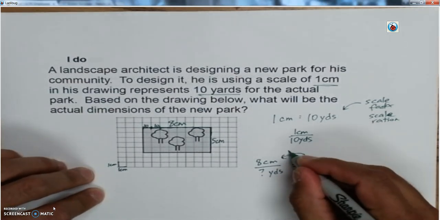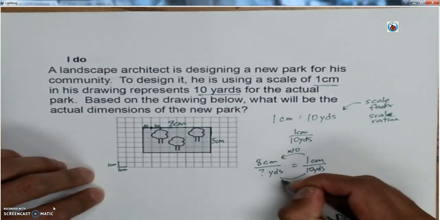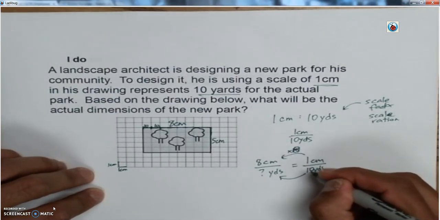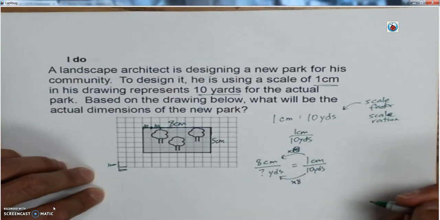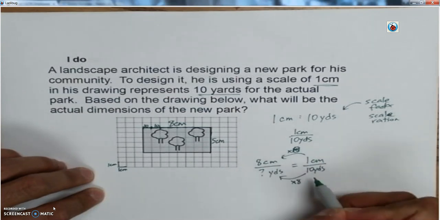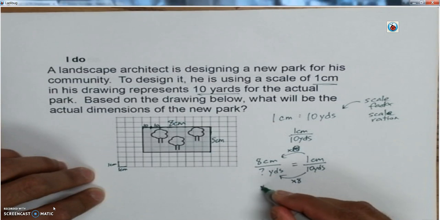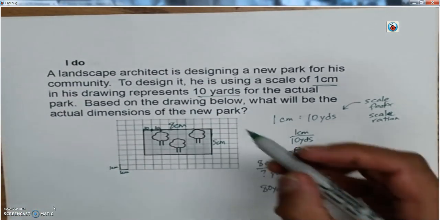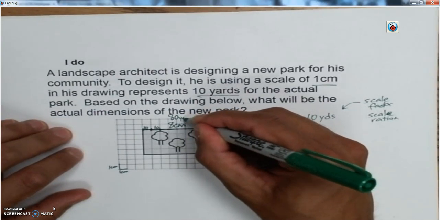And so here I'm going times 8, so down by the 10, I would also go times 8. 1 centimeter is to 8 centimeters as 10 yards is to 80 yards in the actual thing. So 8 centimeters is 80 yards in real life.